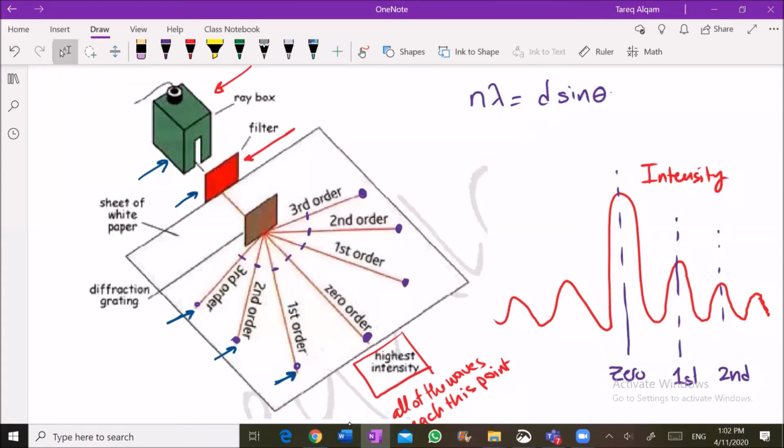The first bright spot or the first bright line is called first order. From the right side, it's also called first order from the left side. The second bright spot is called second order. This one is third order, and so on. I may have 3 orders, 4 orders, 5 orders, according to the setup. So this is the order.